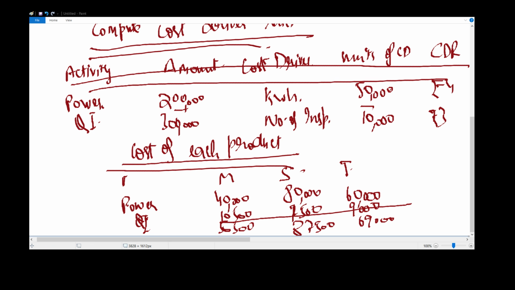Now, in the second part, they have asked us to calculate the cost of unused capacity of each business.